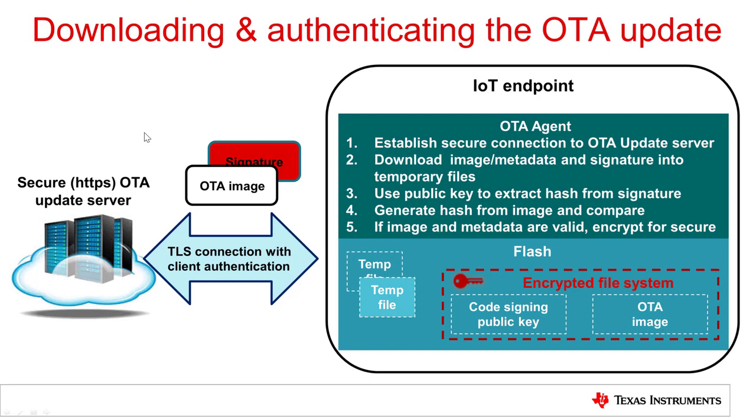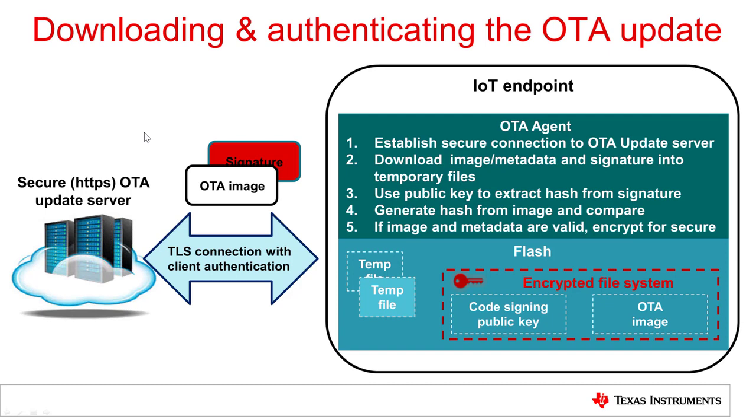It then downloads the image and metadata and signature into temporary files. The IoT endpoint device will already have the public key from the code signing certificate burnt into it during production. It uses that public key to extract the hash from the digital signature. It then takes the downloaded image and generates a hash for that and compares it to the hash from the signature.